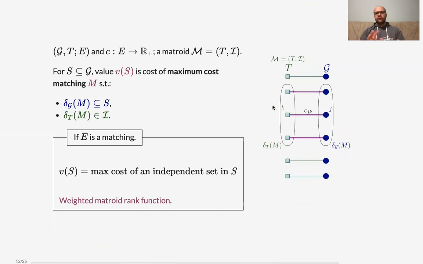On the other hand, if we simplify the edge set and we still keep the matroid, so we have the following simple graph, just a matching and a matroid here. Now the maximum cost of a matching M would be the same as the maximum cost of an independent set in T, which can be translated by the edges also to G with respect to some cost function C. And this turns out to be exactly a weighted matroid rank function. So these are two very nice examples of Rado evaluations.